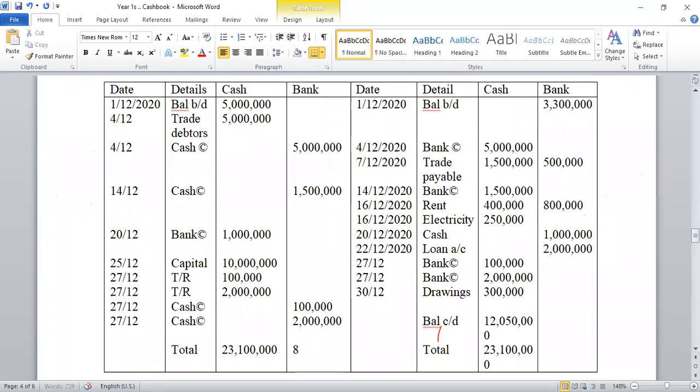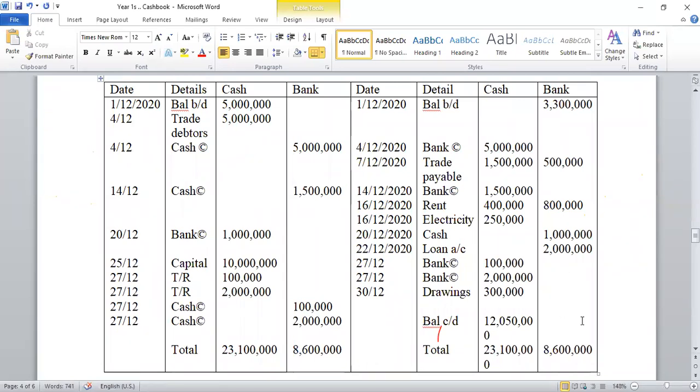I have 8.6. You can confirm the figures on your calculator, but they should be correct, I believe. Then, the same total should be on the credit side. So I'll come on the credit side of the bank column and put also the same total as 8.6. So I try to balance it off.